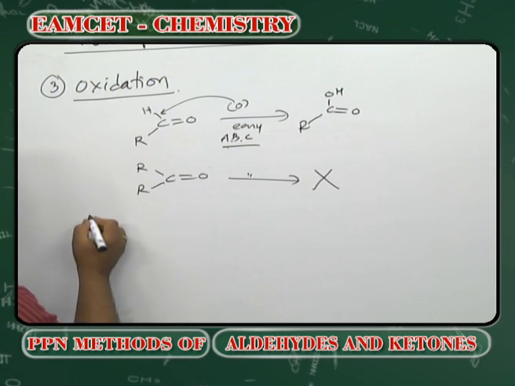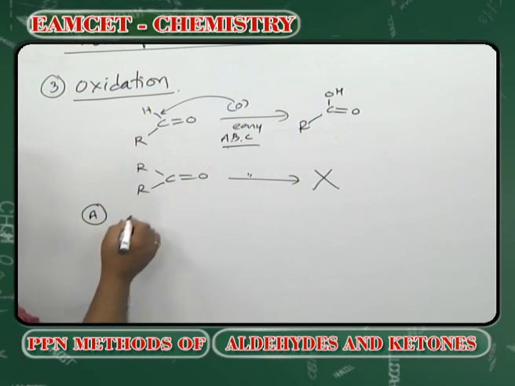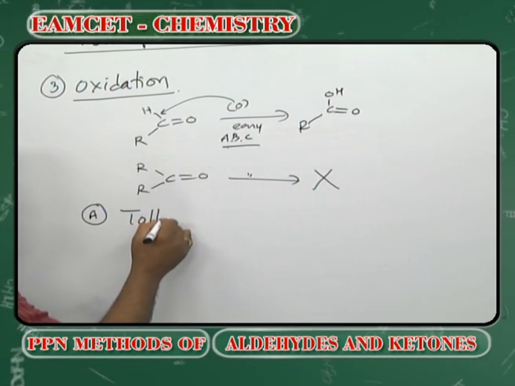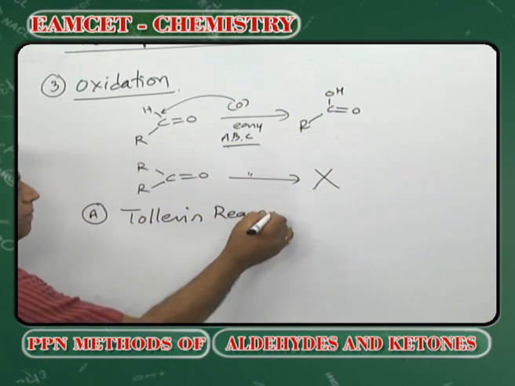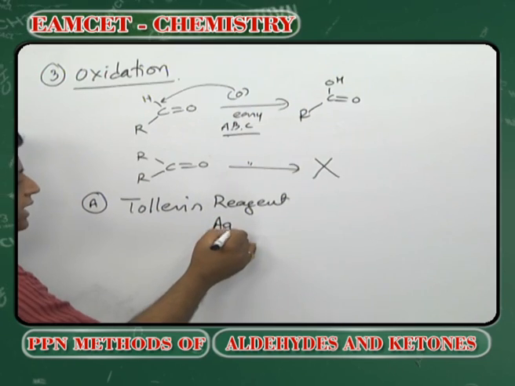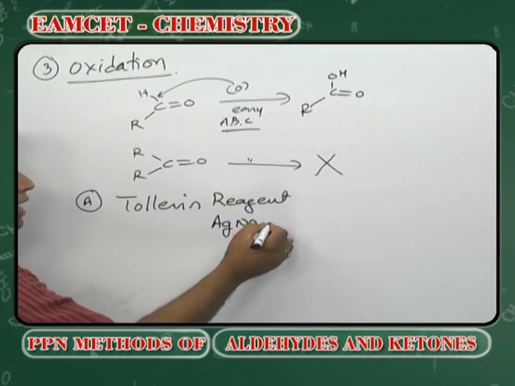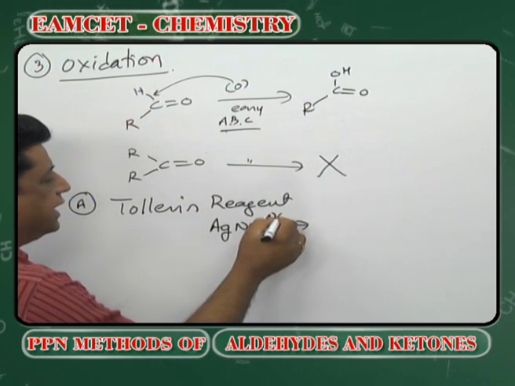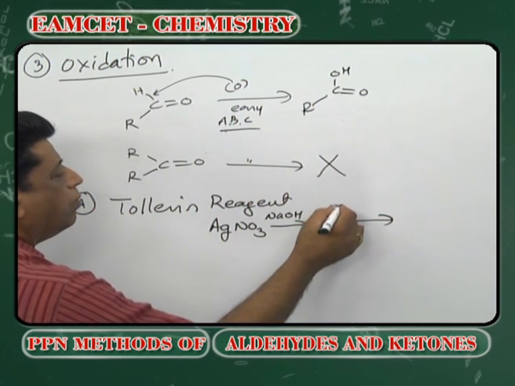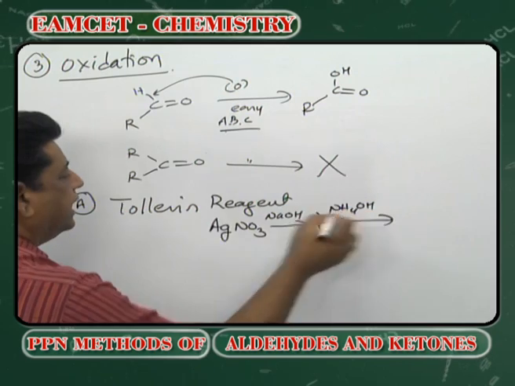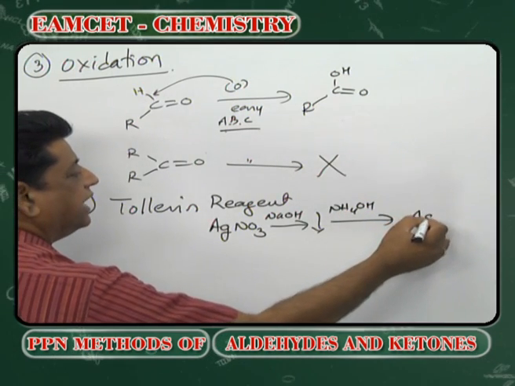So what are those reagents? Let us see. The first one is Tollens reagent. You take an aqueous silver nitrate solution, add some sodium hydroxide, and you get a precipitate. Then go on adding ammonium hydroxide, and you get ammoniacal silver nitrate.